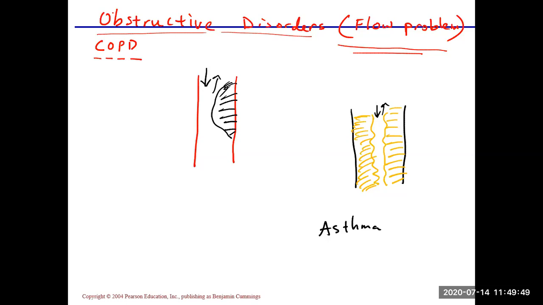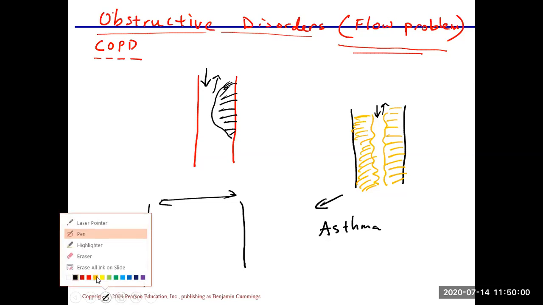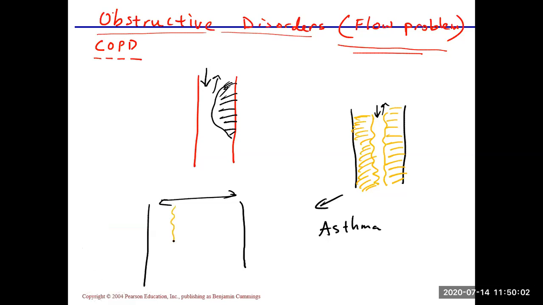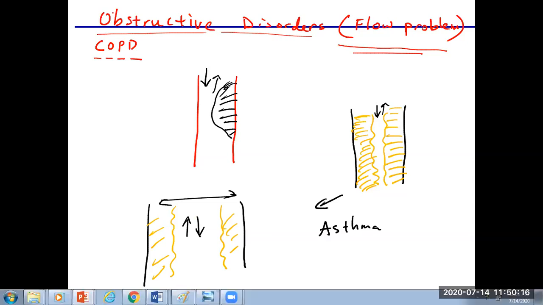So now the bronchiole is wider in diameter, and even though there is an excessive amount of mucus, the airway is now sufficient for the flow of air to go in or out. So that's the idea behind the flow problem or obstructive diseases.